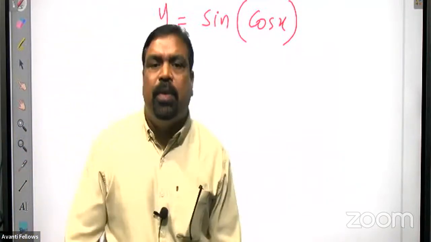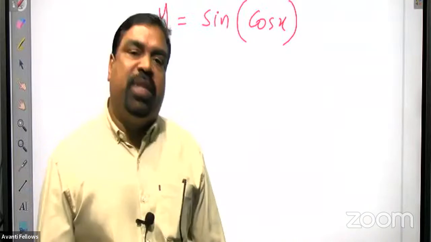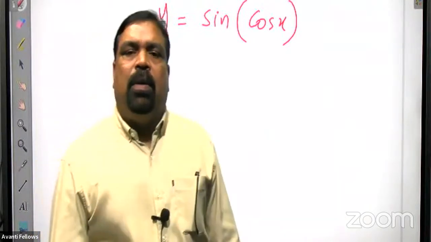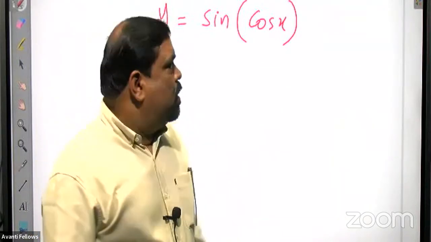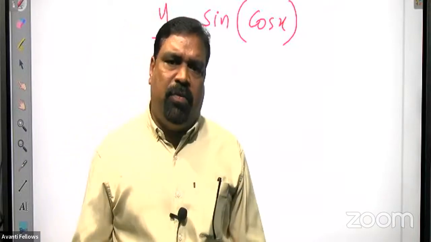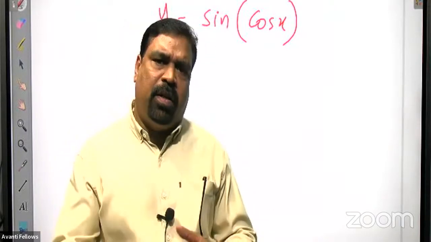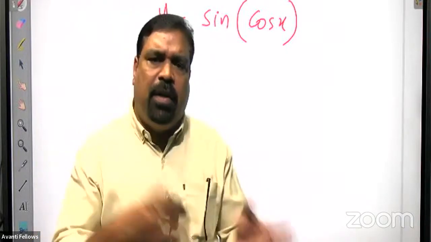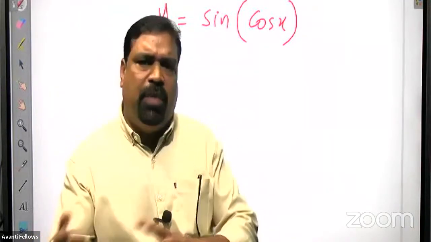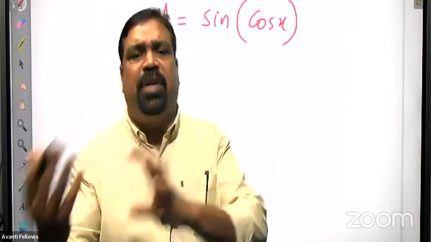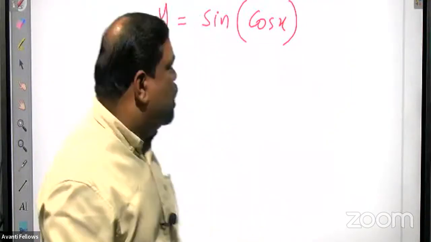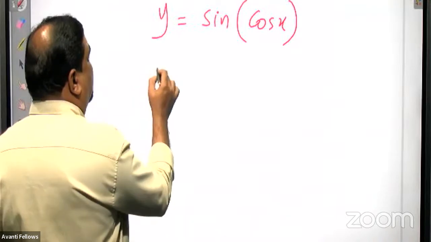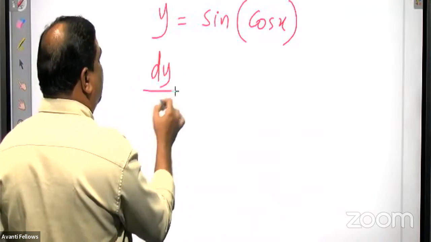Here y is equal to sine of cos x. Here you can see there are 2 functions actually. One is the sine function, the other is the cos function. So it is called a function of a function, a chain of two functions. So how to find the derivative of this function?